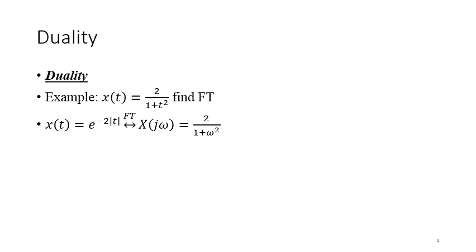let this be x of j omega, and it is equal to 2 over 1 plus omega square.